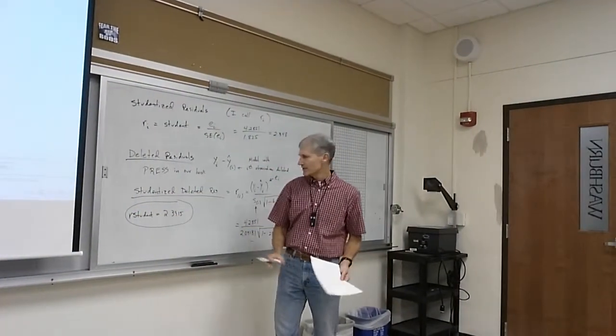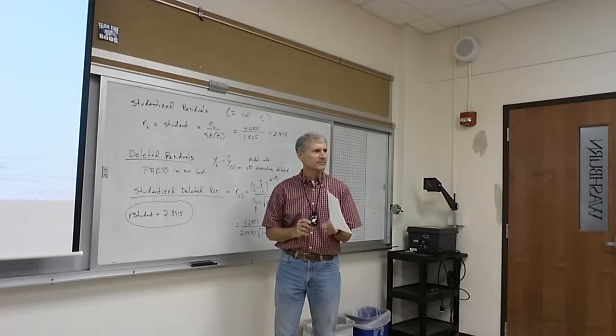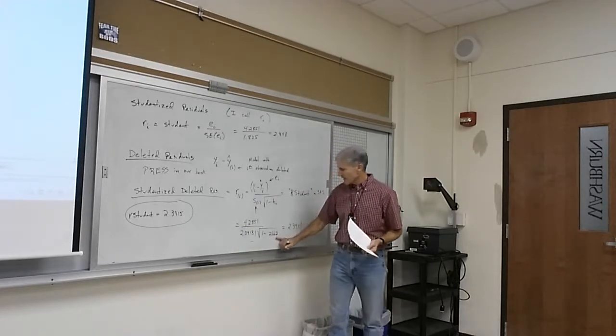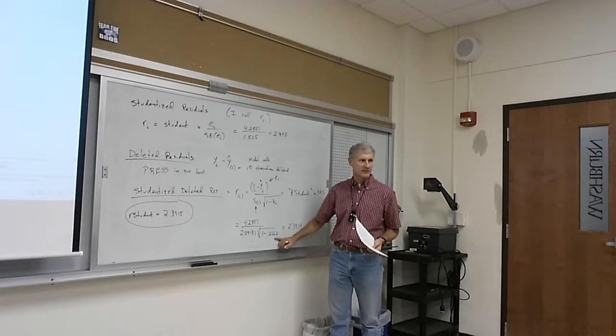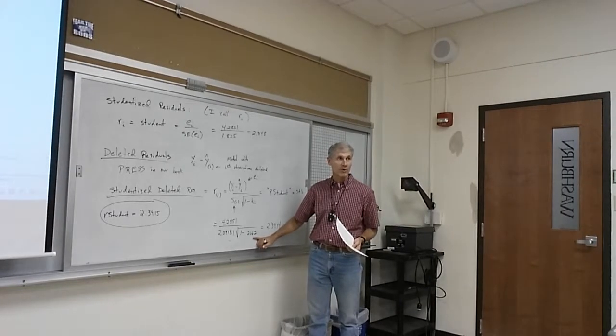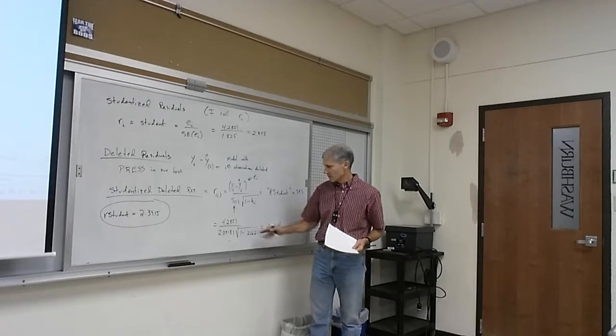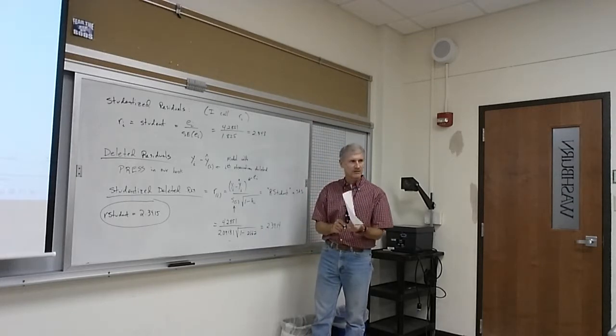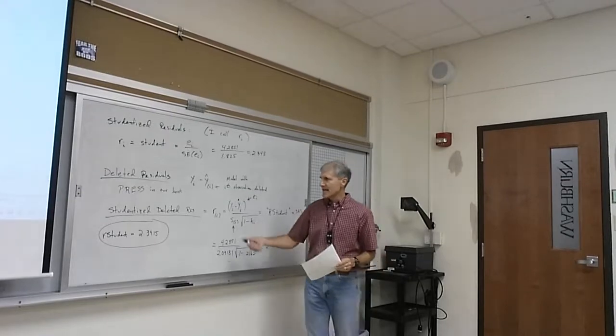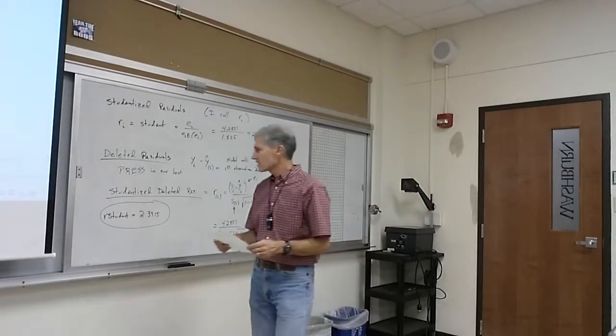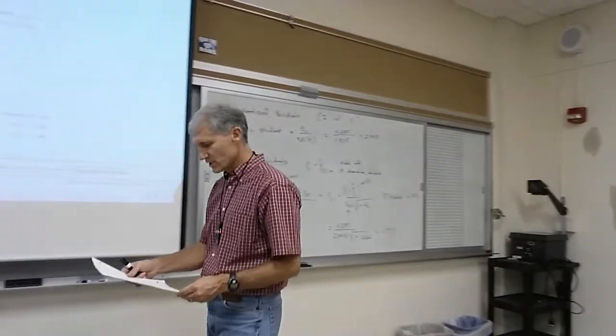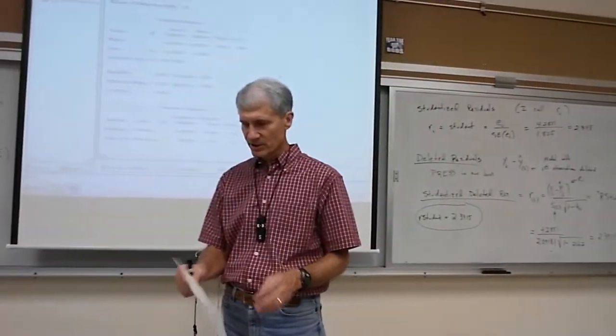And it's not matching at the 4th decimal place just by round off error. They only gave us 4 places on our hat value. If we could get it to print more, and you can, then we would have been more accurate and we'd have matched that exactly, right? So that's how SAS is computing the R student, which it calls studentized deleted residuals.